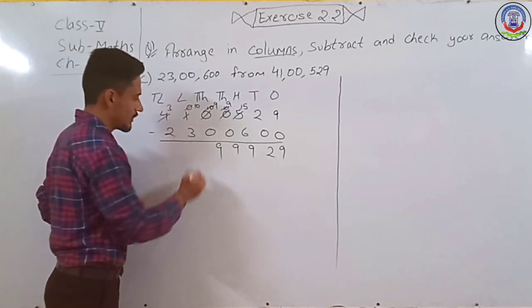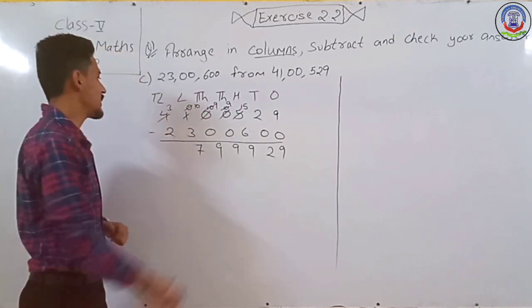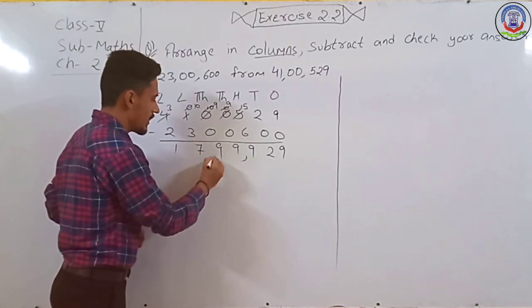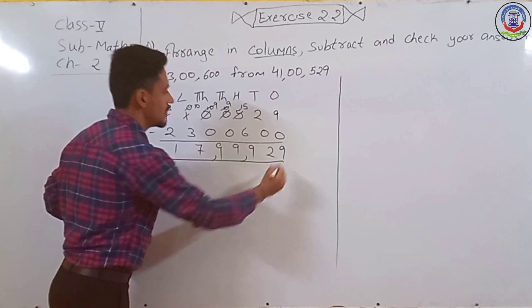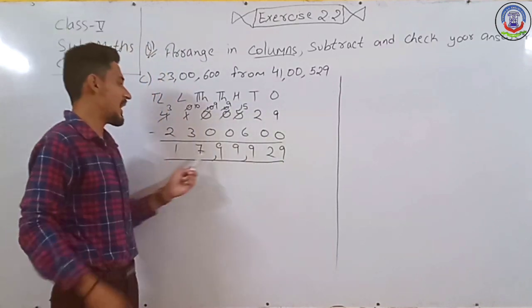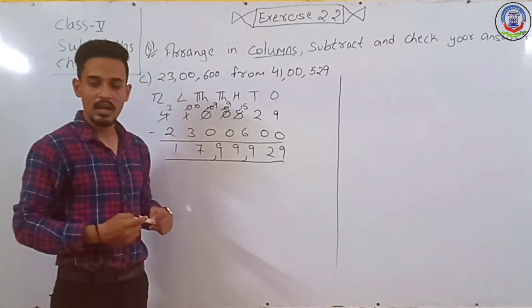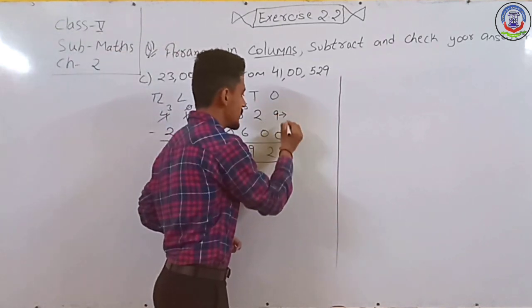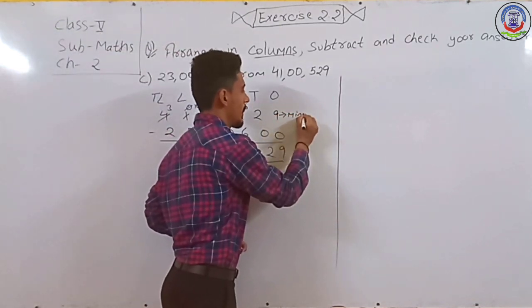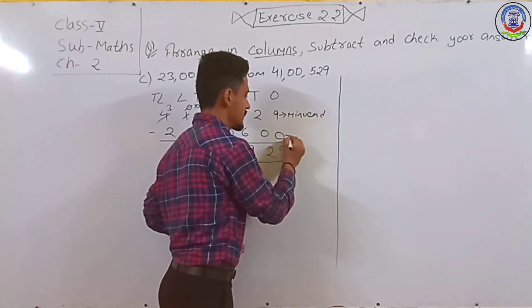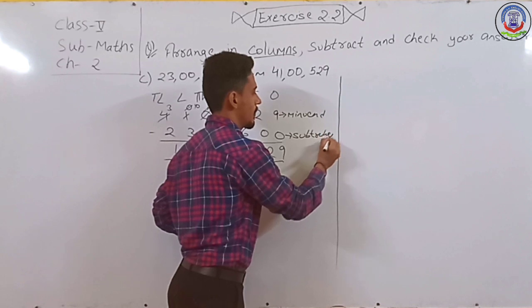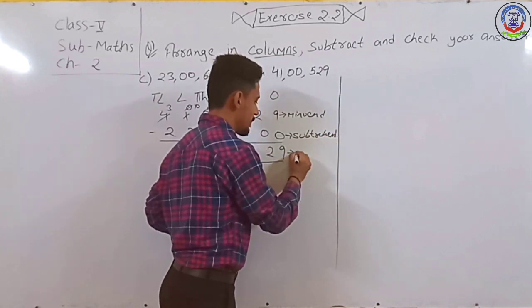So 10 subtract 3 is 7. And next we have 3 subtract 2 is 1. So our subtraction, the difference of these numbers, is 17,99,929. So now we know that this is the minuend, this is the subtrahend, and this is the difference.